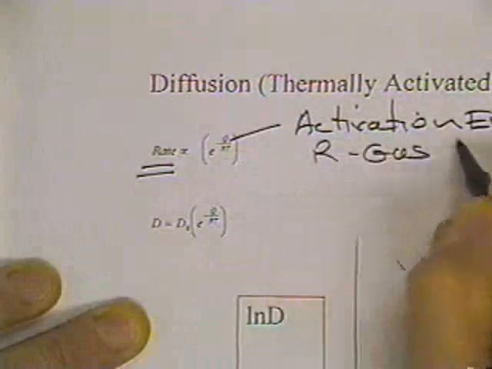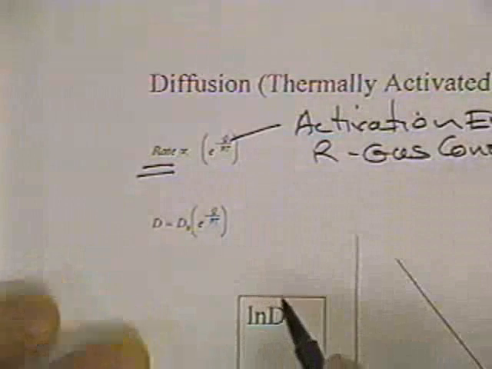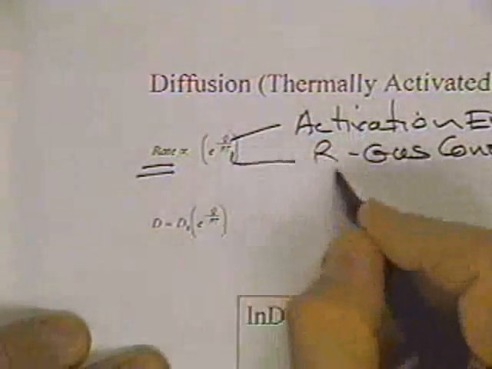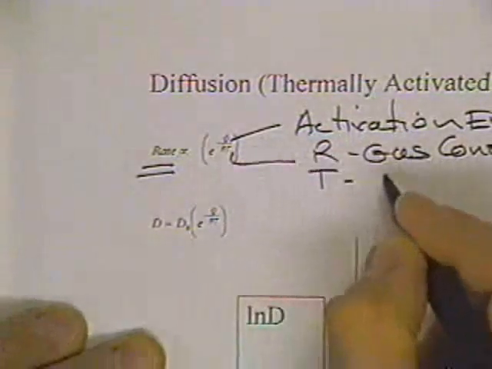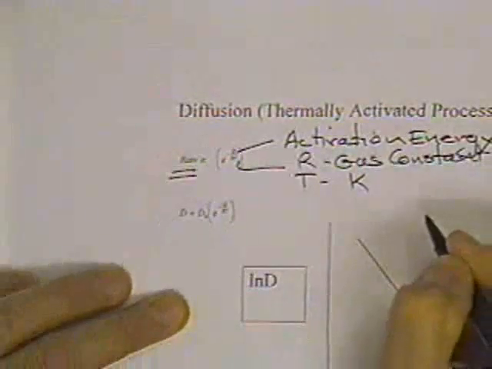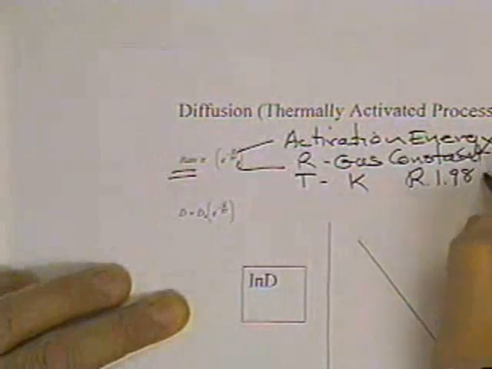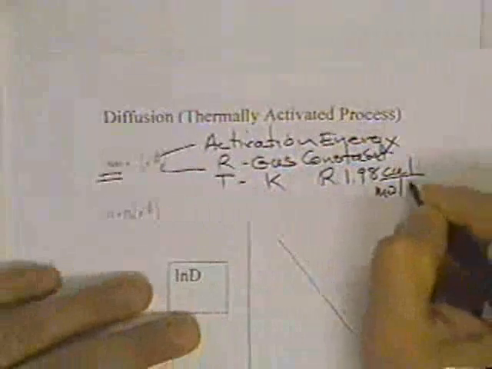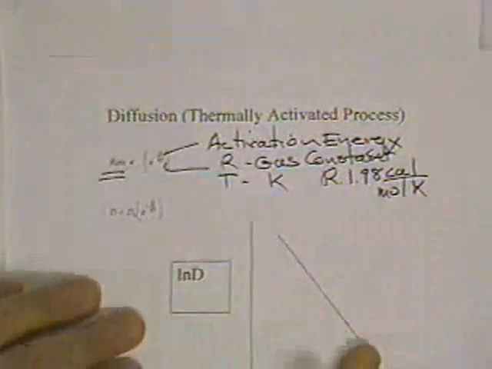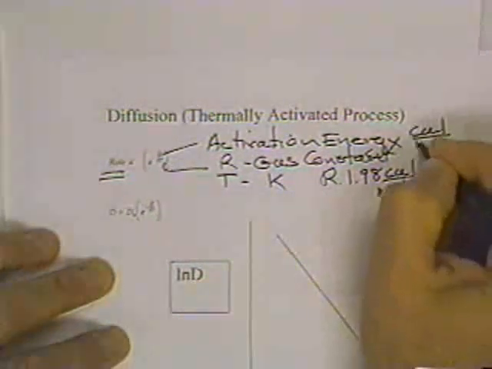R is the gas constant. That's usually the number that you don't have the right conversion factor for. And T is the temperature in Kelvin. The gas constant R is 1.98 calories per mole degree Kelvin if the activation energy is in calories per mole.